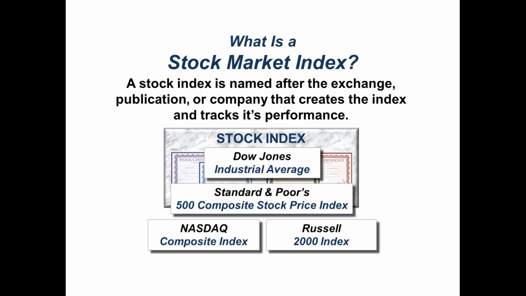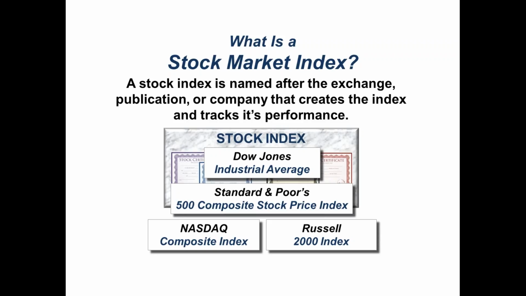So for example, the Dow Jones Industrial Average, or the Dow, arguably the best known one, was originally created by the Dow Jones Company, okay? It was the original market index. What we call the S&P 500, its actual name is the Standard & Poor's 500 Composite Stock Price Index.